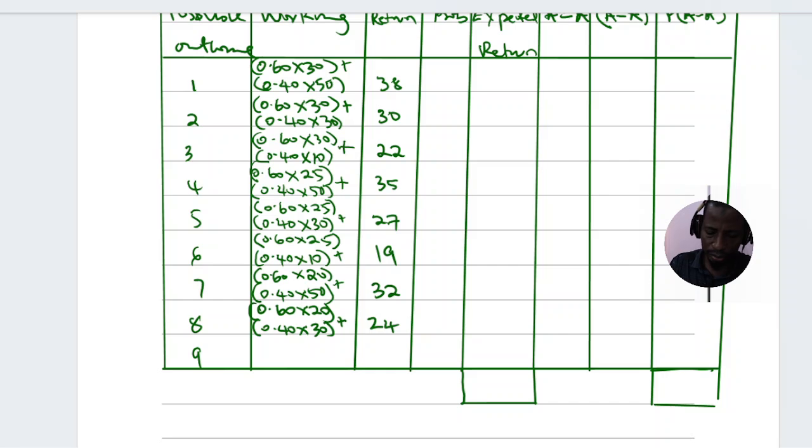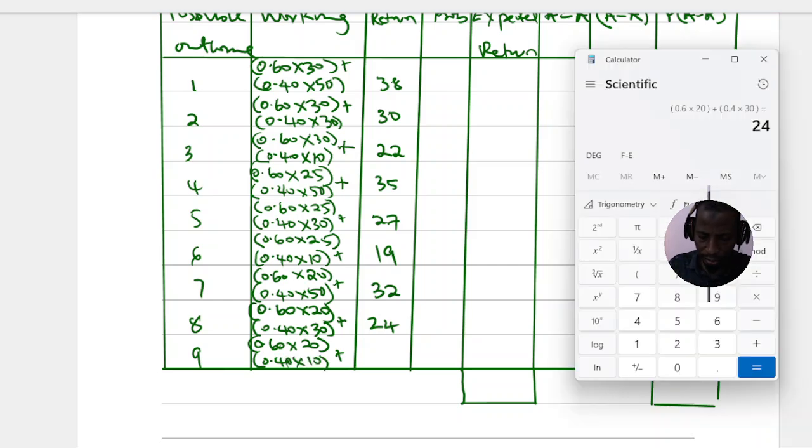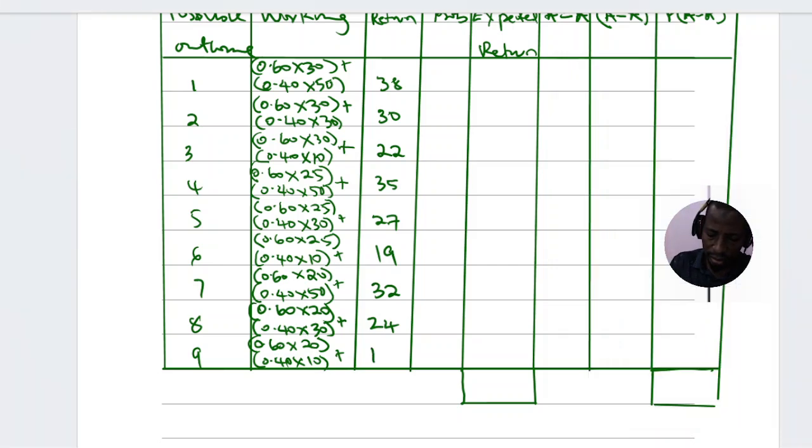Then the last one: 0.6 multiplied by 20 plus open a bracket, 0.4 multiplied by 10, close the bracket, equal to 16.